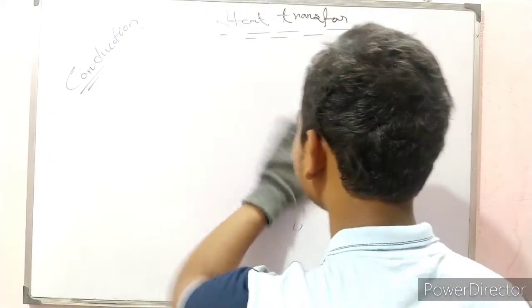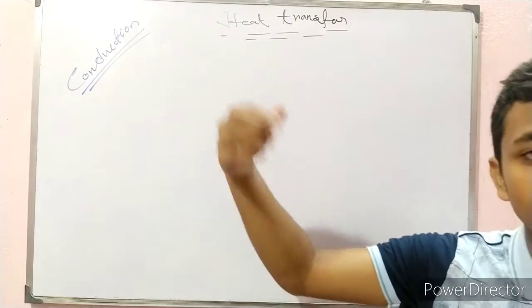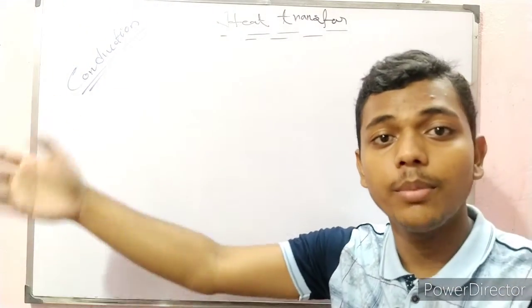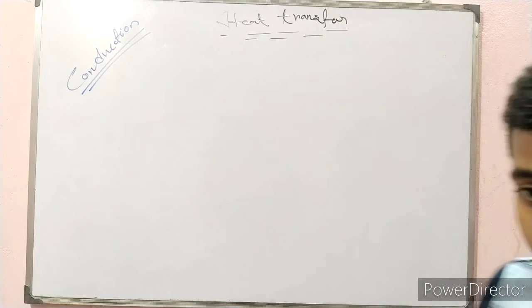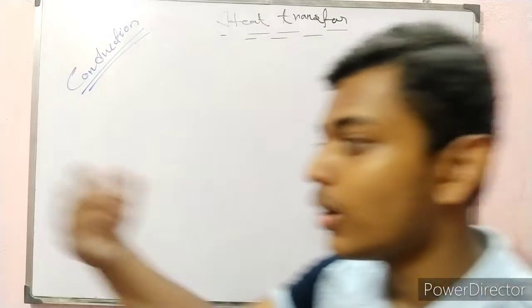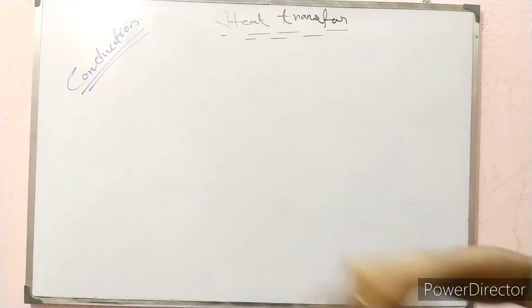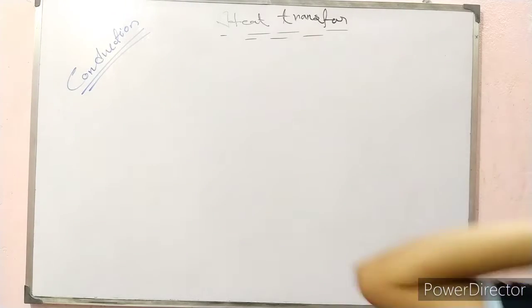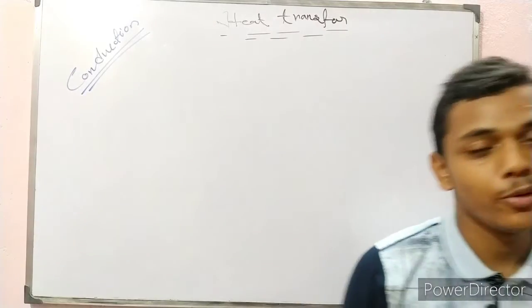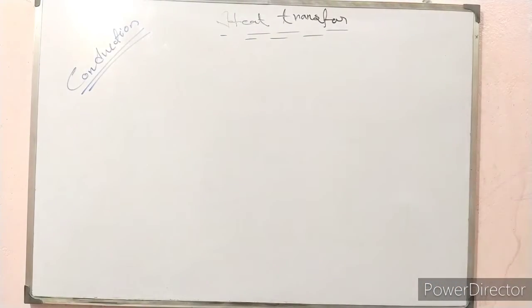The first one, where the students pass the pen one to another, is said to be conduction. Then if any student gives the pen to the teacher by changing his position, this is said to be convection. And the third one is radiation: if you throw the pen to your teacher, that is radiation. Okay, I hope this is clear.